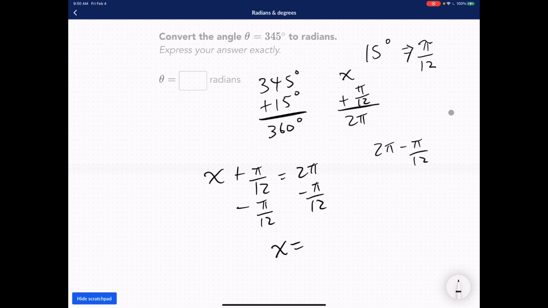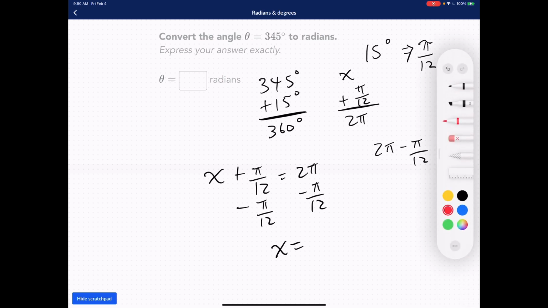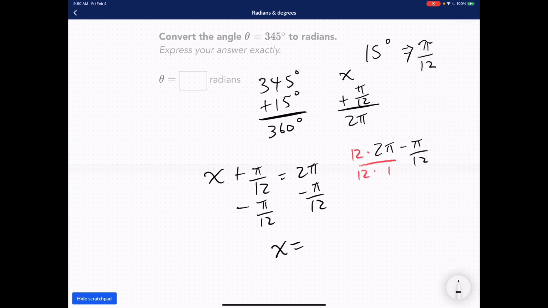So 2 pi, we're going to multiply the top and bottom by 12. And then what I'm going to get is 24 pi over 12 minus pi over 12, and that's going to be 23 pi over 12. And that is my answer, 23 pi over 12.